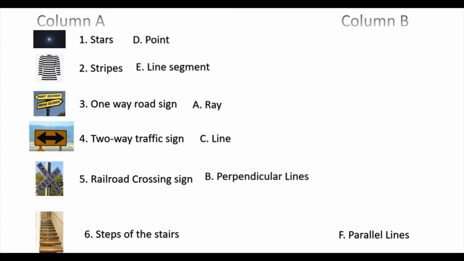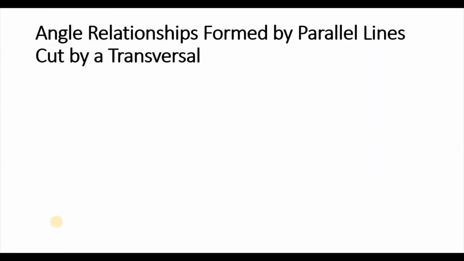Okay, and then for the last one, of course, the steps of the stairs represent parallel lines. Now, I hope you have remembered all these geometric terms and the objects that they represent. Now let's proceed to the angle relationships formed by parallel lines cut by a transversal.